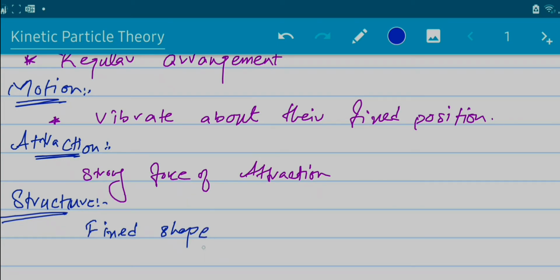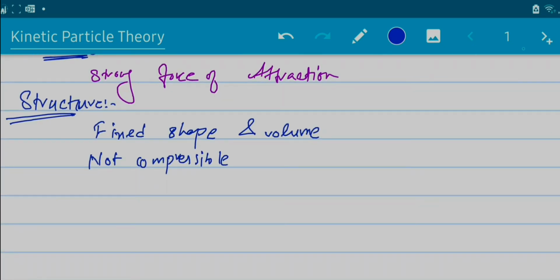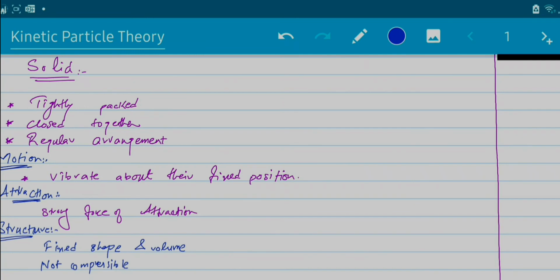So eventually they have fixed shape and volume, and they are not compressible. If you compress a hard material, which is a solid, like a table, it would not bend, or eventually it would break, but it would not bend, so we can say it isn't compressible. So these were the properties of the solid.